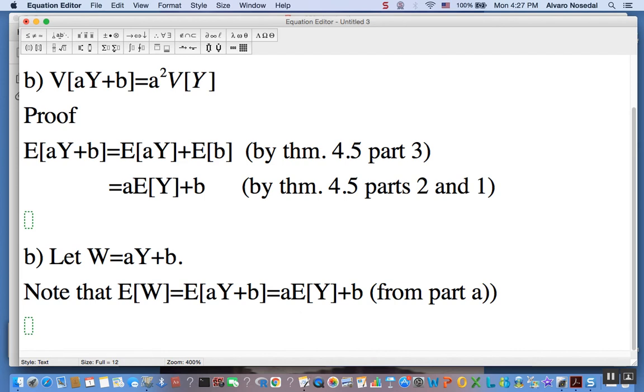Anyway, note that what we want is the variance of a times Y plus b, which is the variance of my random variable W, right?